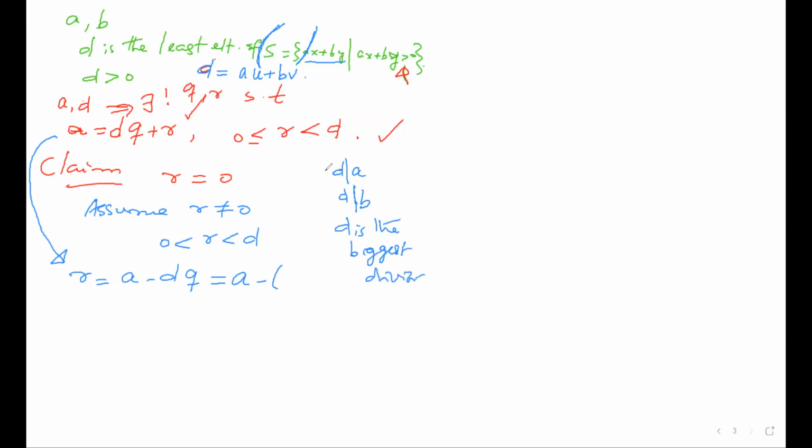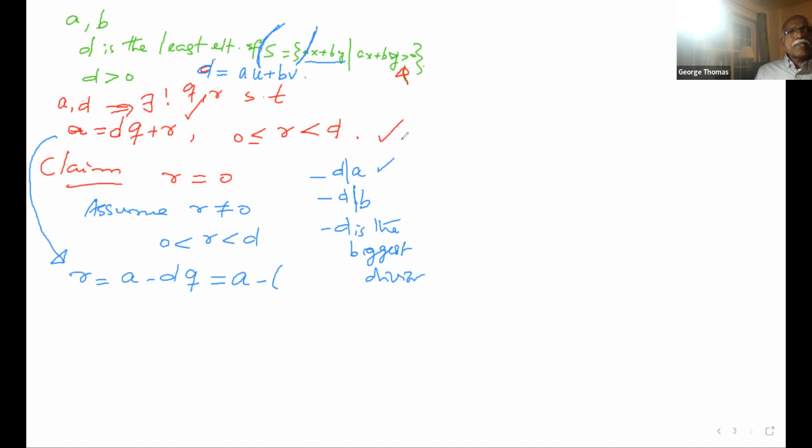If we prove these three things, we will be done. Then we will know that this is the largest common divisor, isn't it? We haven't done any of that yet. If r equals 0, then a equals dq, and we would finish this.